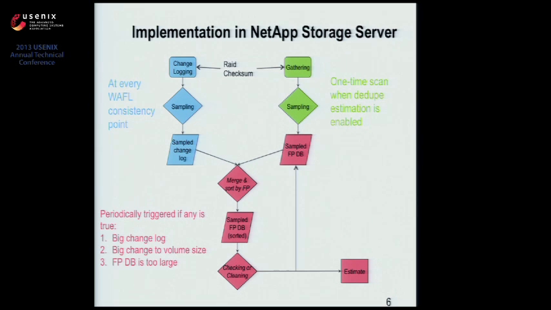And as writes are happening, in line with the writes, we're creating a change log that indicates the new fingerprints of newly written blocks. And every so often, at waffle consistency points, when writes are updated on the disk, we merge the new fingerprints with the old fingerprints, and there's also a process of cleaning that has to get rid of obsolete fingerprints. And the net result is that at all times we have an up-to-date fingerprint database that is a small sample of all the fingerprints. It's the ones that pass the filter.